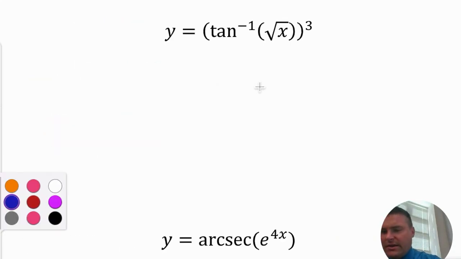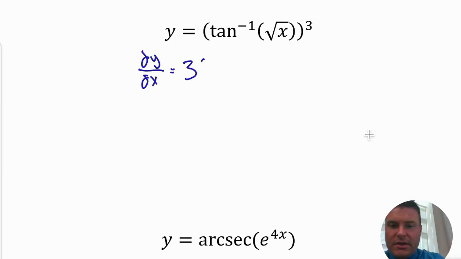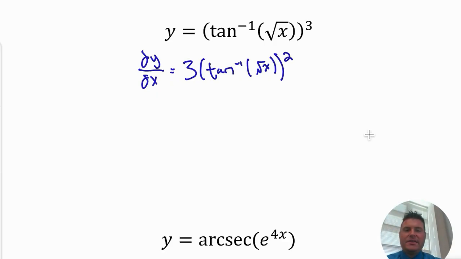Next one, I go over to this inverse tangent, which is being cubed on the outside. So we've got some chain rule here. We've got quite a bit of chain rule. Ooh, this is going to be a doozy. So I'm going to first do the 3 arc tangent squared of root x. That's the derivative of the outside.